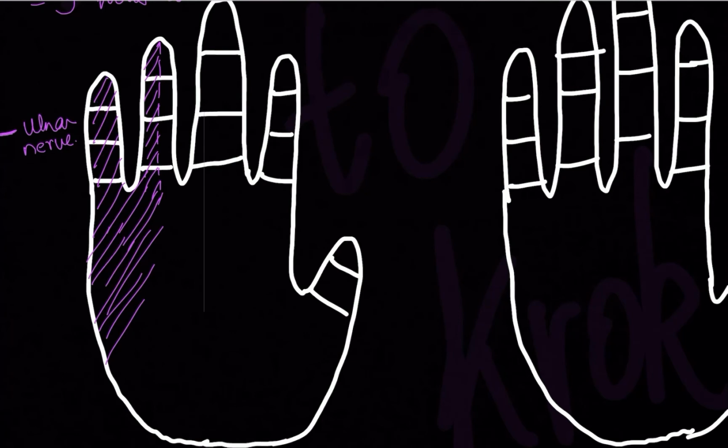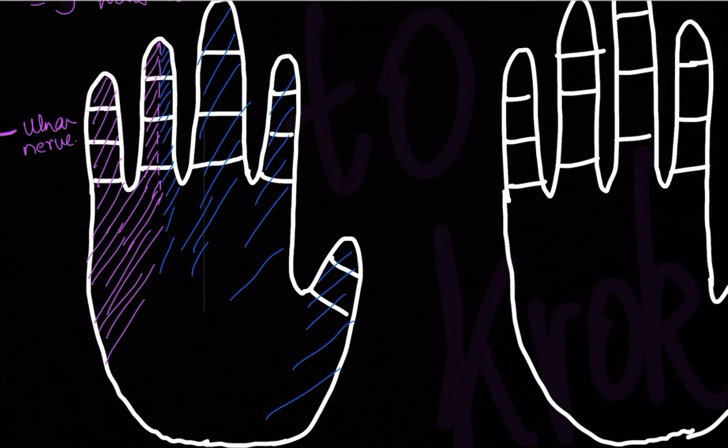Now let's look at the median nerve. Median nerve supplies the other half of the ring finger, your middle finger, your index finger, and your thumb. This is the median supply.